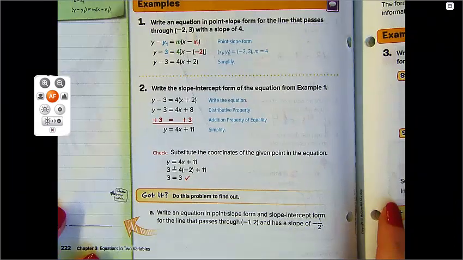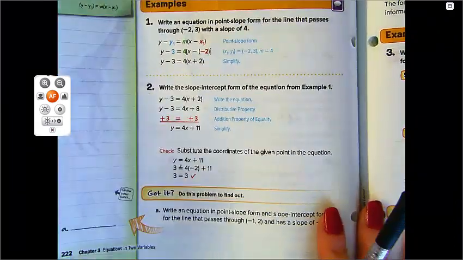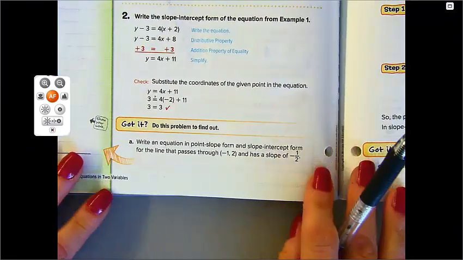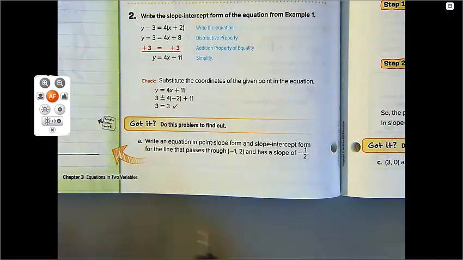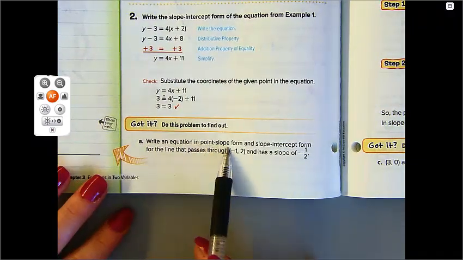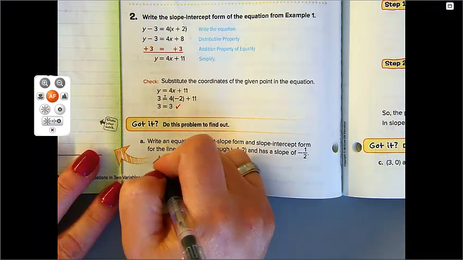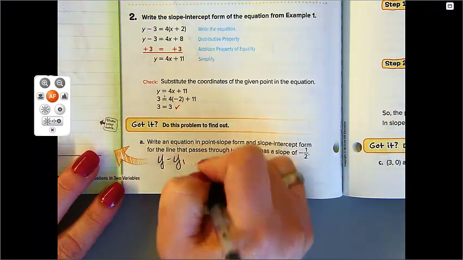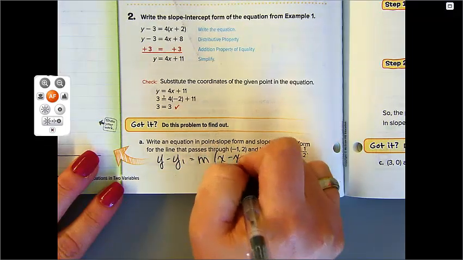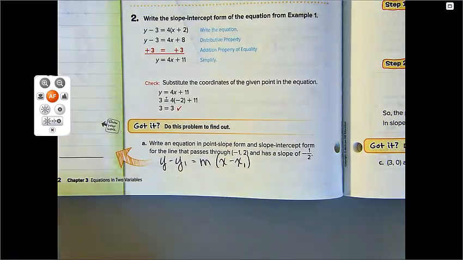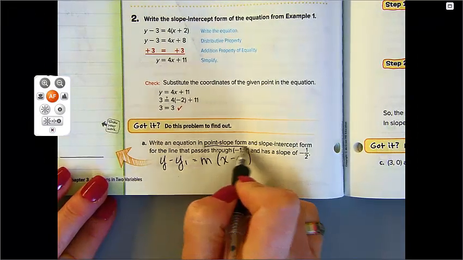Actually, let's go down here and do A, because number 1 is done for you and number 2 is done for you. You can look at those yourself. But let's go down here and look at A. A says write an equation in point-slope form, and point-slope form is y minus y1 equals m times x minus x1. That's the form that we just learned. That's point-slope form.